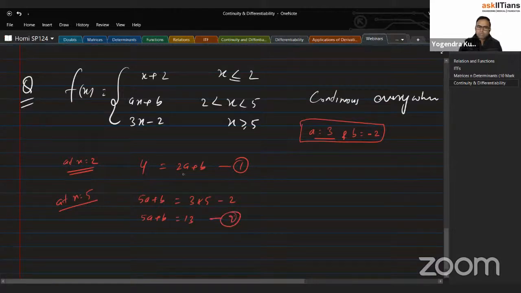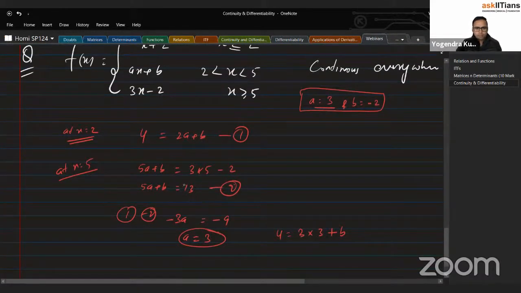We can solve these two equations. We can subtract: 1 minus 2. What do we get? 3a, b gets cancelled here. So we are getting -9, so a is equal to, wait a minute. Okay, I need to write minus here: -3a equals -9, so a is 3. And we can put the a value into the first equation itself: 4 is equal to 3 into 3 plus b.